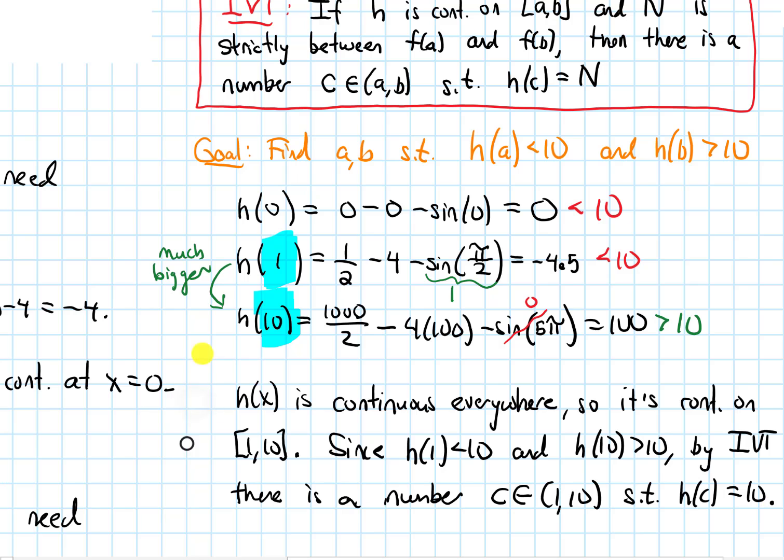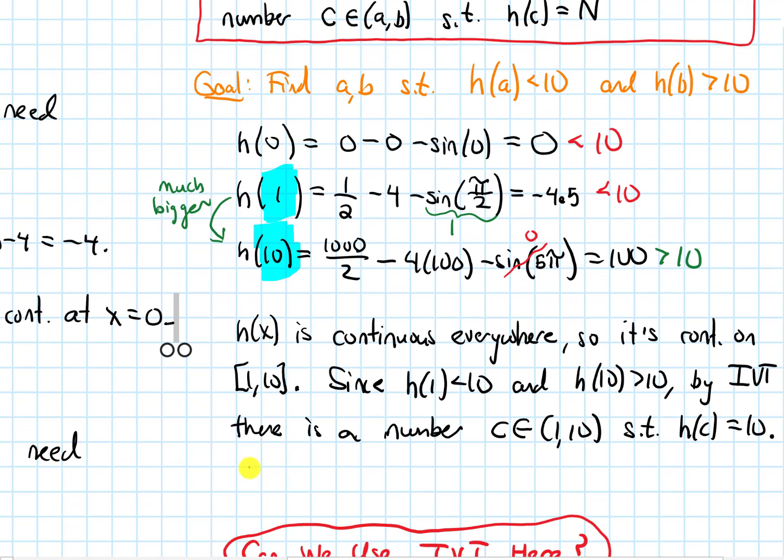All right, and that's exactly what I wanted to show. Thus, f and g, our two original functions, will intersect at least once, because we've just shown that they will intersect at this number c.